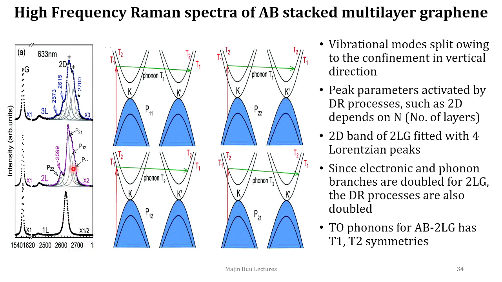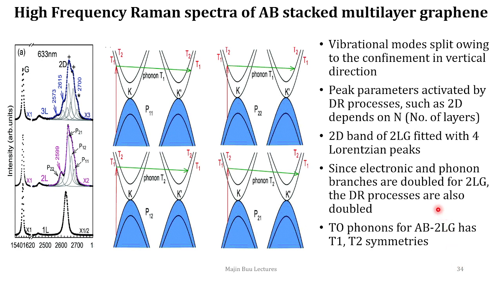For a two-layered graphene, it can be further deconvoluted into four different Lorentzian peaks. It can be fitted using four Lorentzian peaks, and the electronic process associated with that is as shown here.